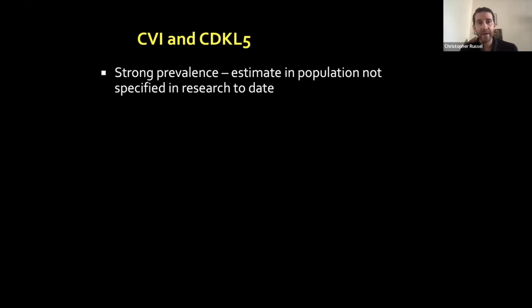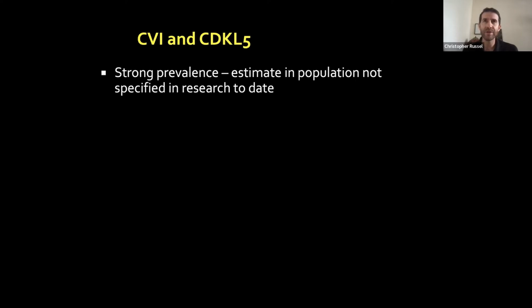I wanted to touch briefly on CVI and the way that you might be learning about this from the CDKL5 community. We understand, and I certainly saw when I was at the CDKL5 conference in Denver and spoke with so many families of kids with CDKL5, a very large percentage of which clearly had CVI, whether it was diagnosed or suspected. There's obviously a strong prevalence of CVI in children and individuals with CDKL5.